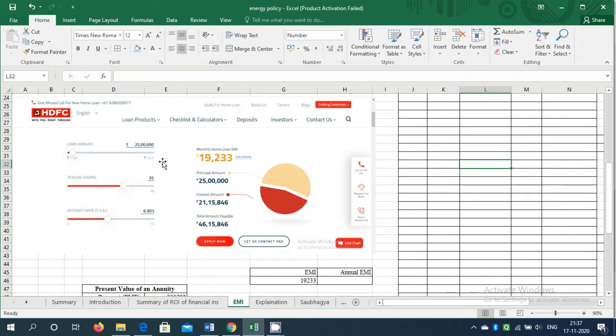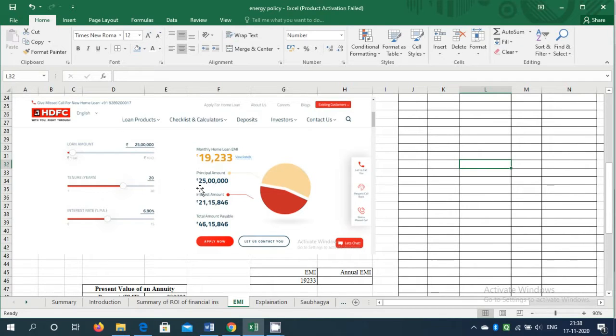So here they are saying the monthly EMI, EMI stands for equated monthly installment, meaning every month you will be paying this much amount, 19,233, and the principal amount, that is the loan that you have taken, is 25 lakhs. The tenure has been selected as 20 years.